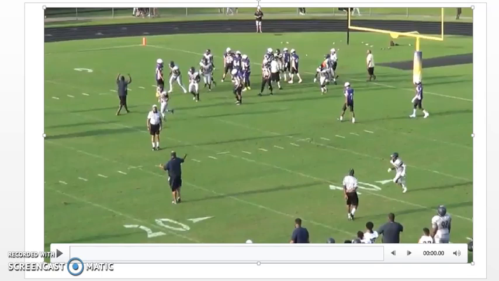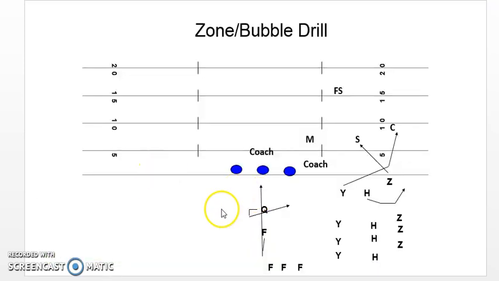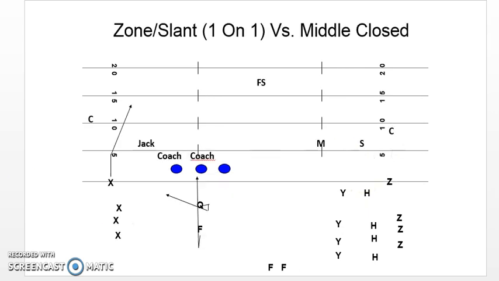So now, how do we put these drills together? If you have enough people, enough coaches, enough players, you can have one group going with trips, working what's going on to the field, and then you can have another group working what's going on into the boundary.